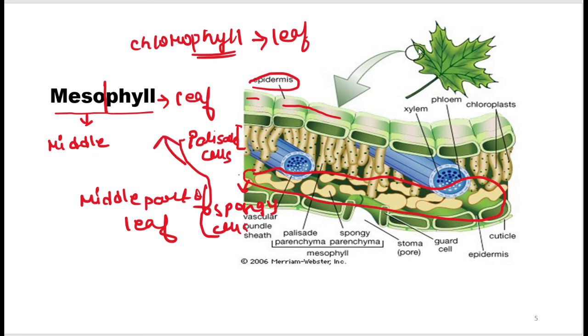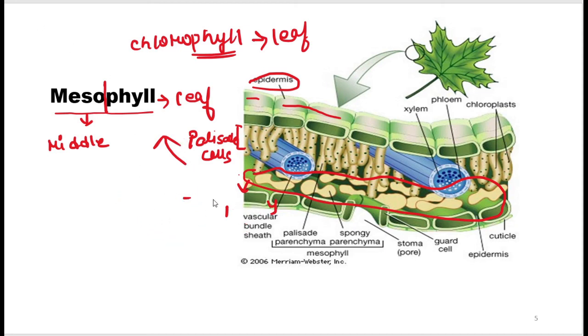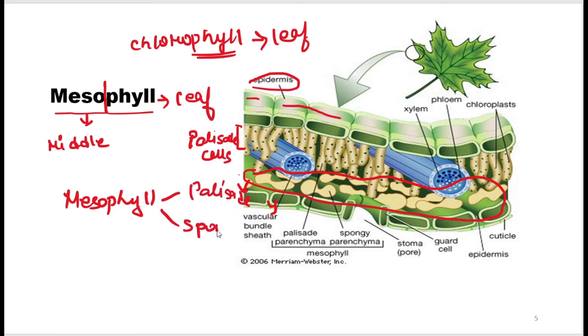Or we can say in another word that mesophyll is divided into two parts, that is palisade cells and spongy cells. Below the spongy cells is the stomata or the pore about which we have talked in the previous slide.